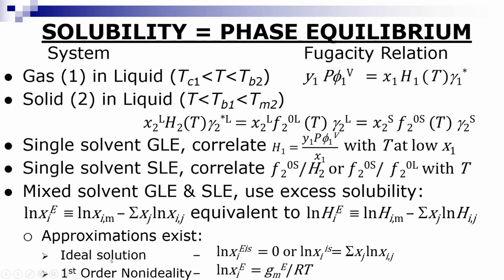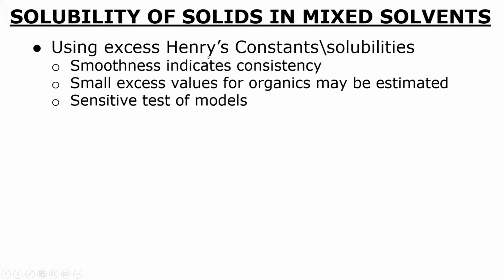And there are approximations which exist. For example, the ideal solution approximation is that these quantities are equal to zero. The first order non-ideality is such that the excess is equal to the excess Gibbs energy of the solvent mixture divided by RT. So let's see what these look like.